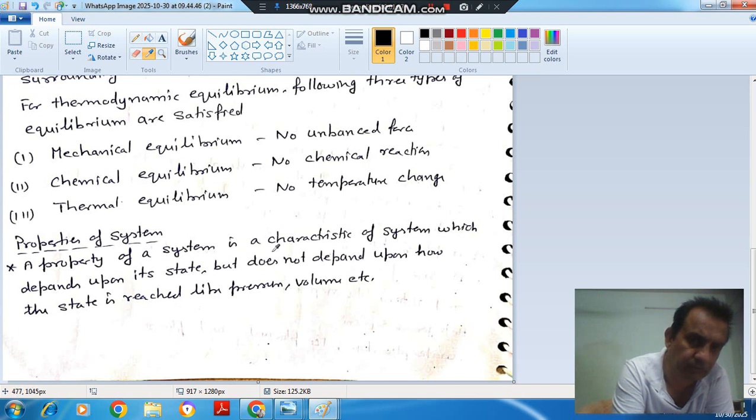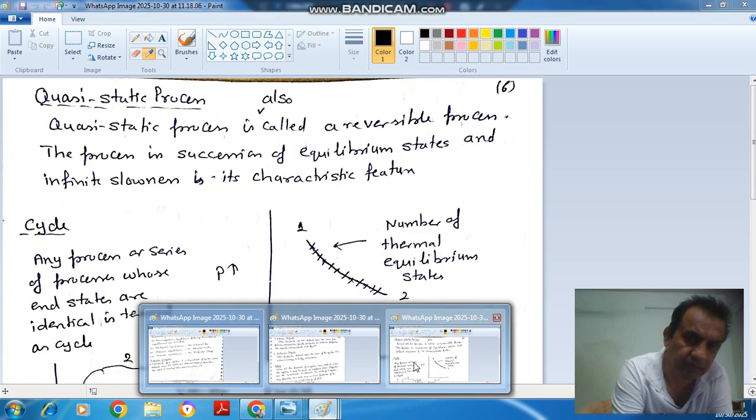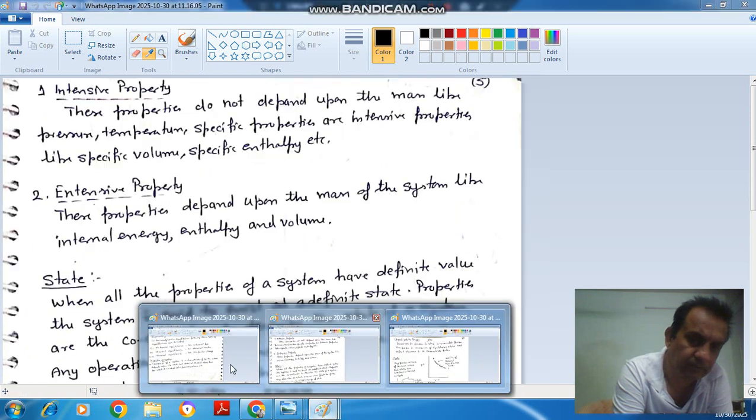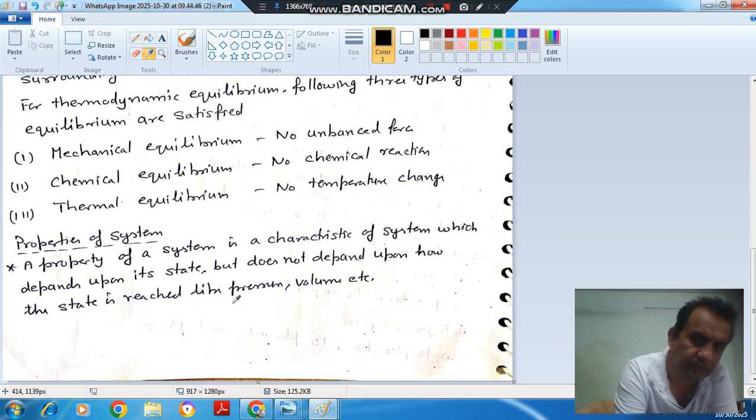The property of a system is a characteristic, like pressure, temperature, volume of the system, which depends upon its state. At this state the pressure is this, at a different state the pressure is different, volume is different, which depends upon its state but does not depend upon how the state is reached.